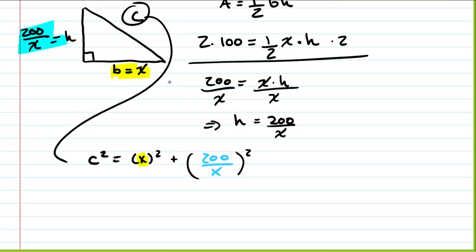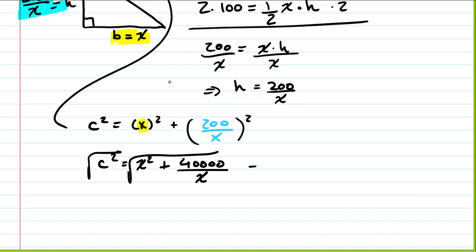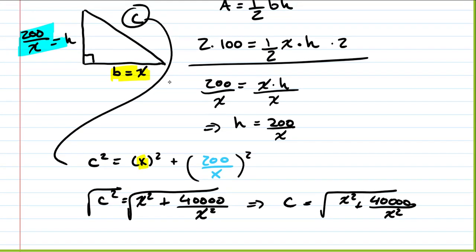So then, multiplying that out, we get c squared is equal to x squared plus 200 times 200, which is 4 with 4 zeros, all over x squared. To solve for c, we take our square root, and we get c is equal to the square root of x squared plus 40,000 over x squared. So now we've found all three parts of our triangle in terms of our variable x.